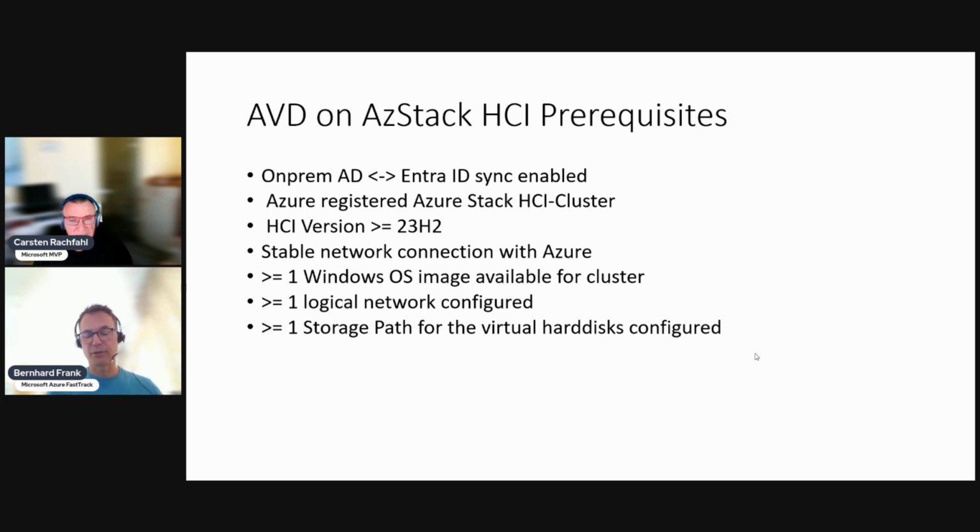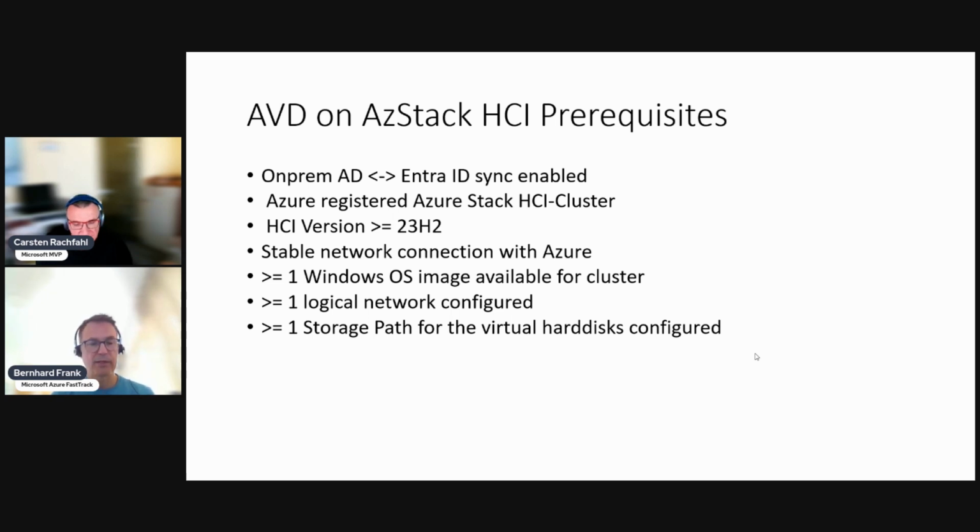One other thing which is pretty obvious, you need to store a virtual hard disk for that desktop, and there is a storage path that you need to define. A storage path is a definition for a cluster shared volume in failover cluster speech, if you will.